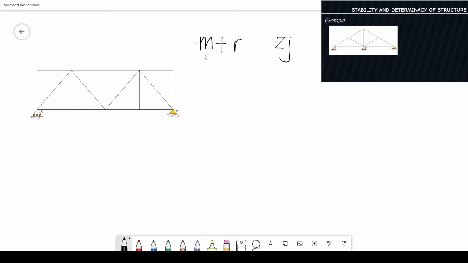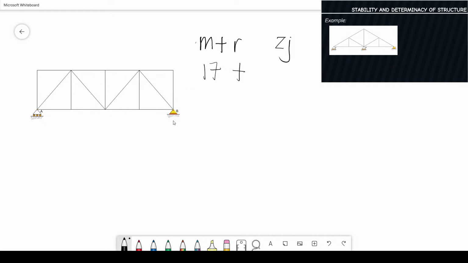So how many members do we have? 1, 2, 3, 4, 5, 6, 7, 8, 9, 10, 11, 12, 13, 14, 15, 16, 17.